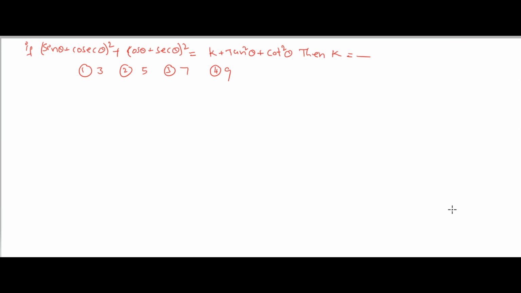If (sin theta plus cosec theta) whole square plus (cos theta plus secant theta) whole square is equal to k plus tan square theta plus cot square theta, then the value of k is.